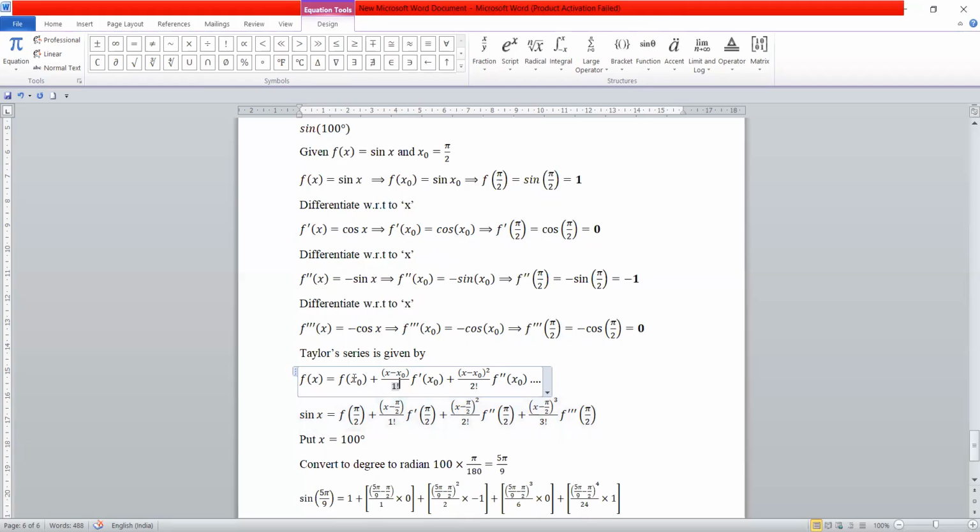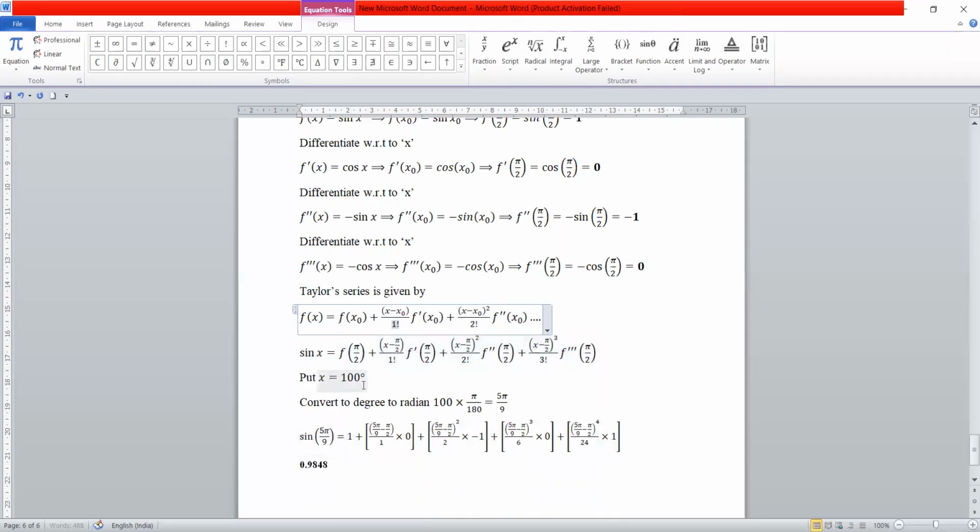Sin x. So we are just assigning the values of x naught as pi by 2: (x minus pi by 2) by 1 factorial f dash of pi by 2, plus (x minus pi by 2) whole squared divided by 2 factorial into f double dash of pi by 2, plus (x minus pi by 2) whole to the power of 3 divided by 3 factorial into f triple dash of pi by 2 and so on.